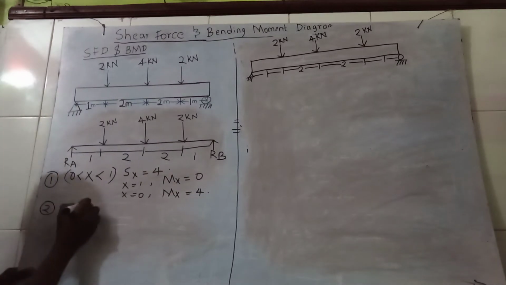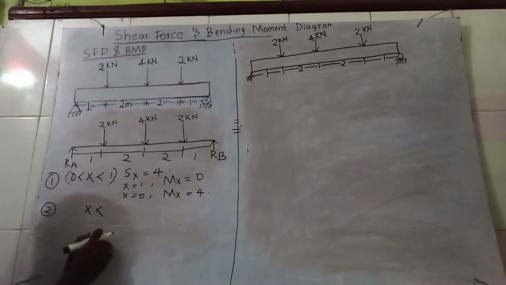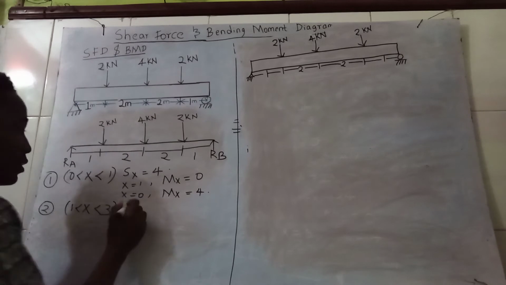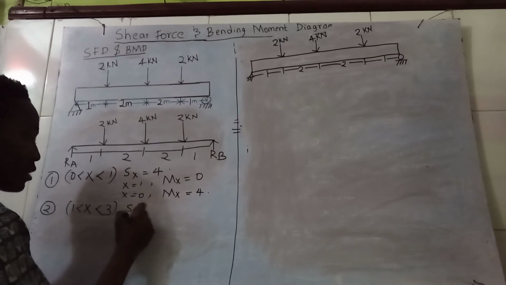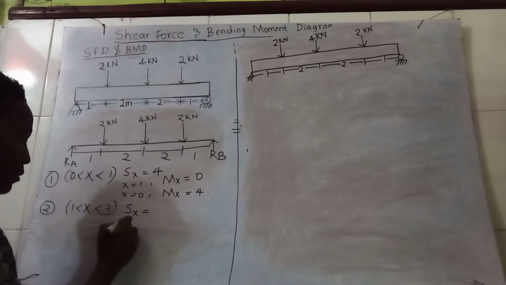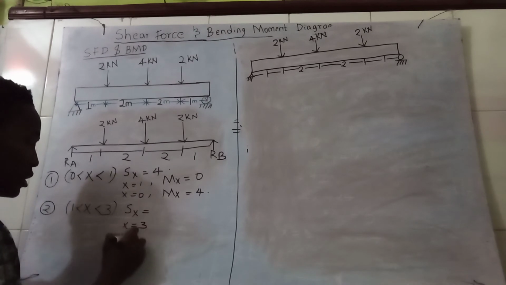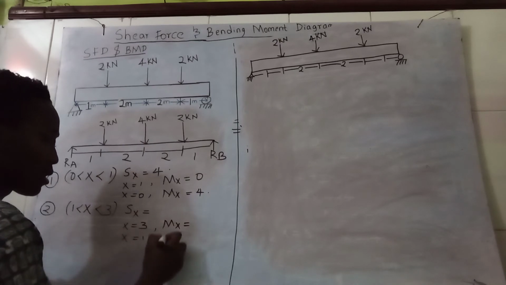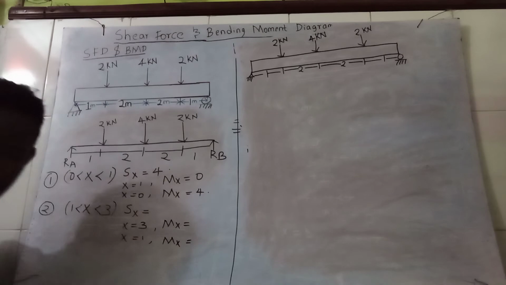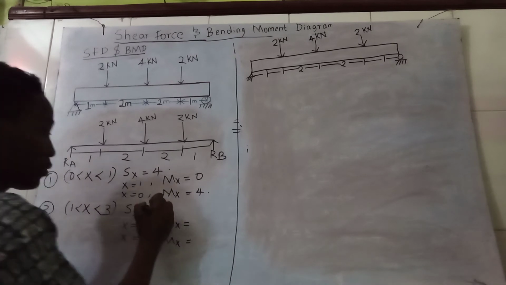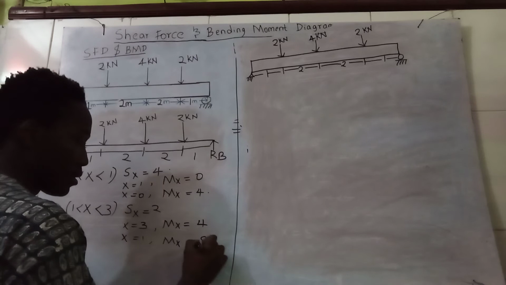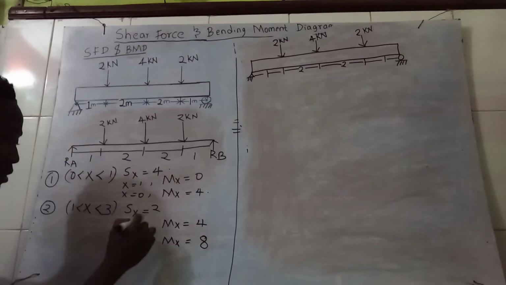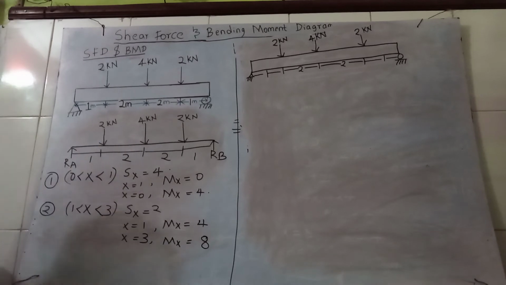Secondly, at a section whereby x was less than 3 but greater than 1, the shear force Sx was 2, then at x equals 3 and x equals 1, Mx, we had a 4 and an 8. Let me alternate that, 1 and 3.